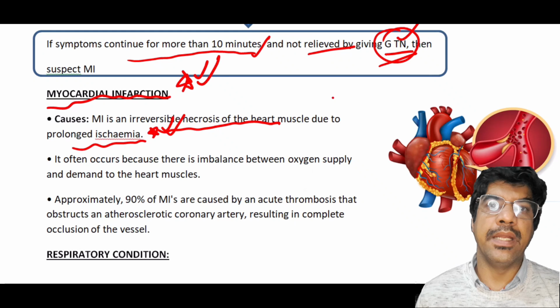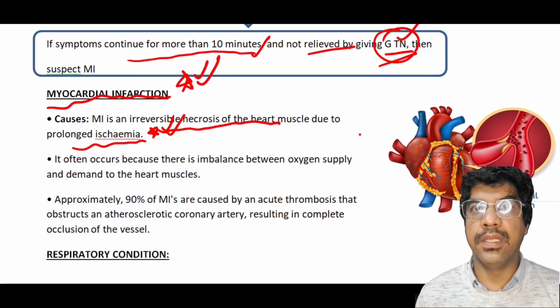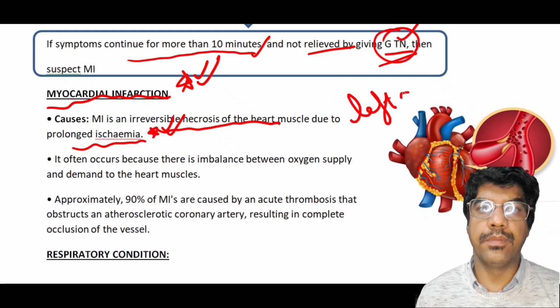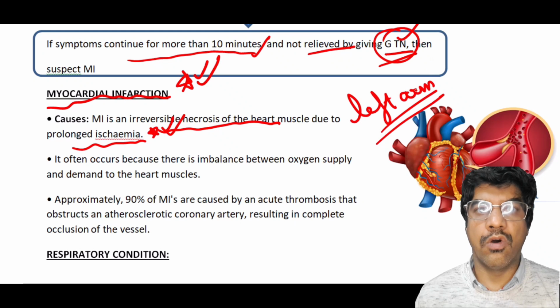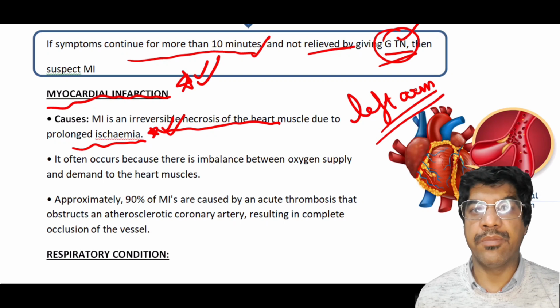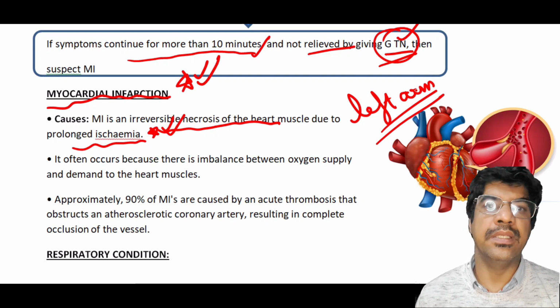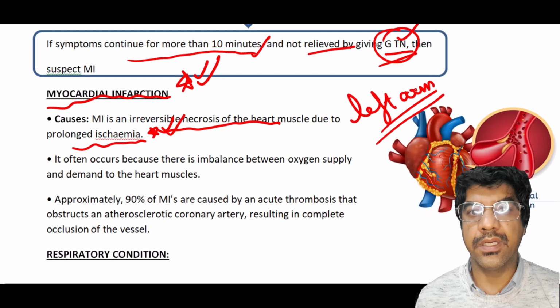The pain can radiate to the arm, usually the left arm, neck or jaw. The patient may feel shortness of breath or fainting. So you have to recognize the signs and symptoms of MI, particularly the severe chest pain or discomfort.